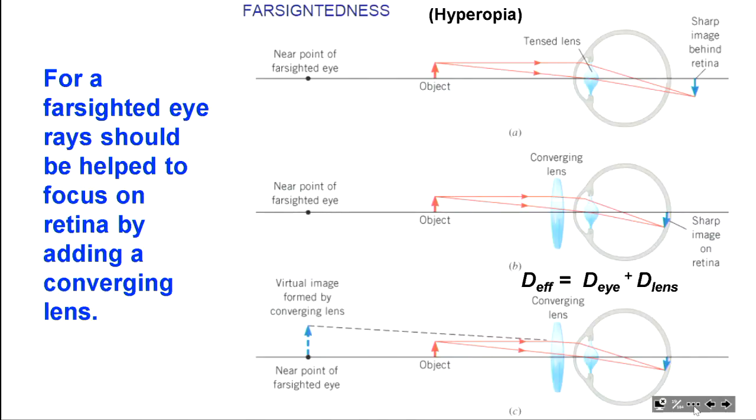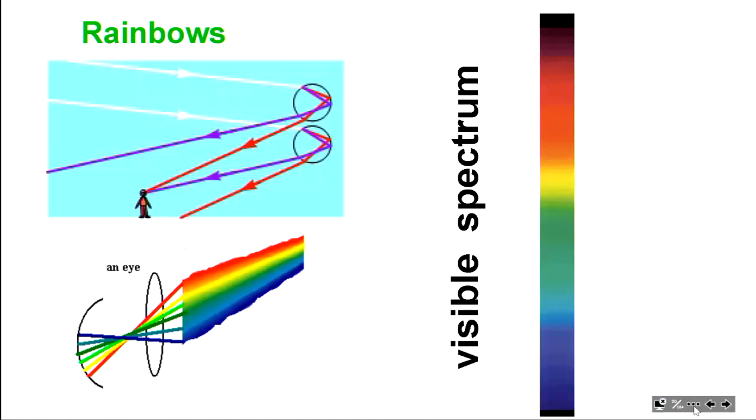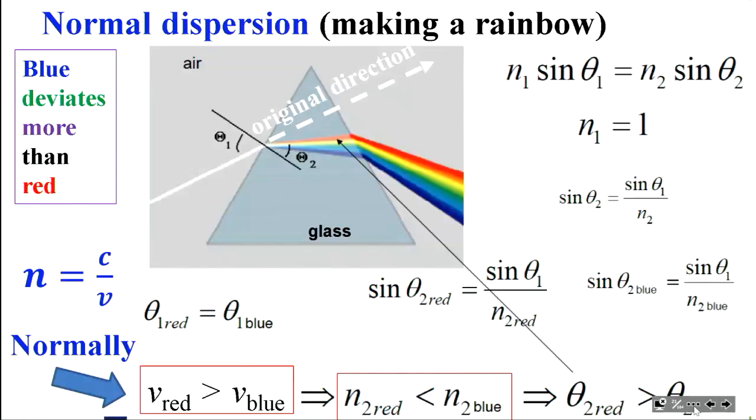Well, another phenomenon we're aware of: colors. We can see the rainbow, and there is a phenomenon responsible for that. Turns out that the index of refraction depends on the color, slightly, but does.